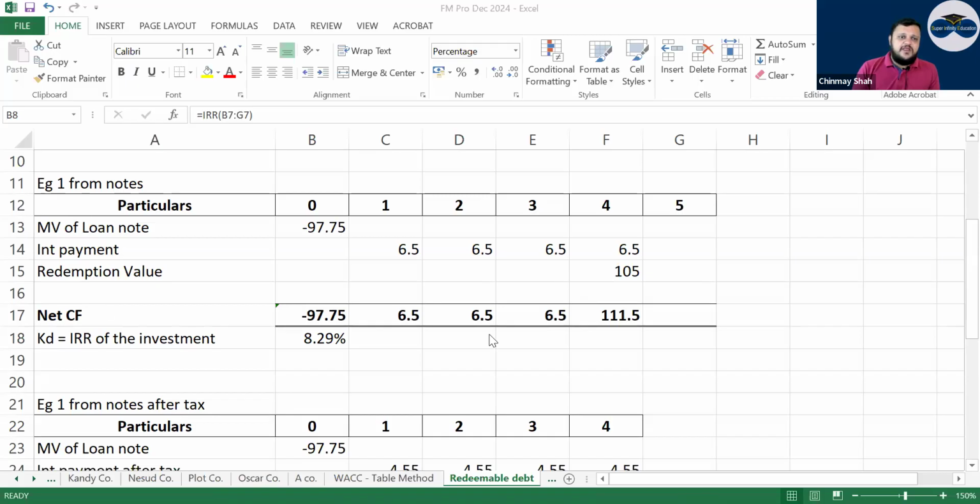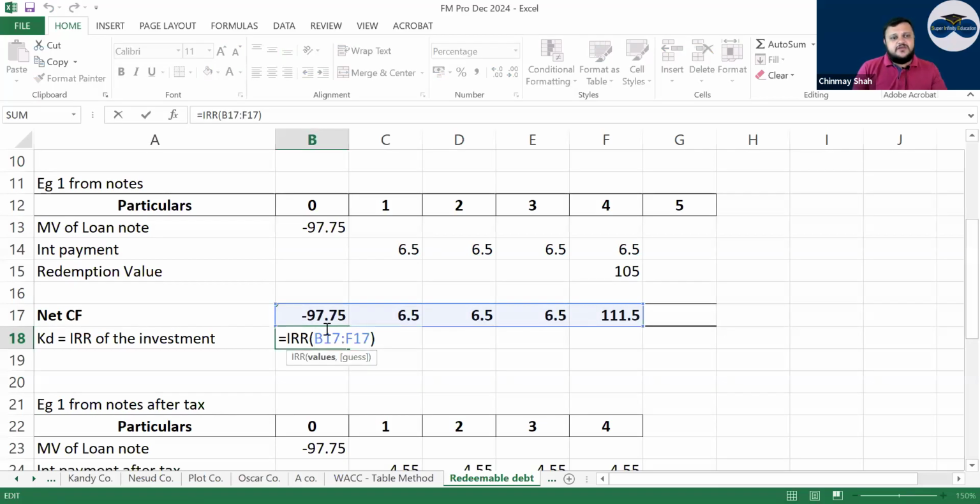Section C and WACC, you will find in the suggested answers that the answer is given using the IRR lower rate, higher rate method, correct? Don't do that. You don't have that much time in the exam to find a lower and higher rate and then apply the IRR formula to get an answer. Directly use equals IRR and you can get the answer.